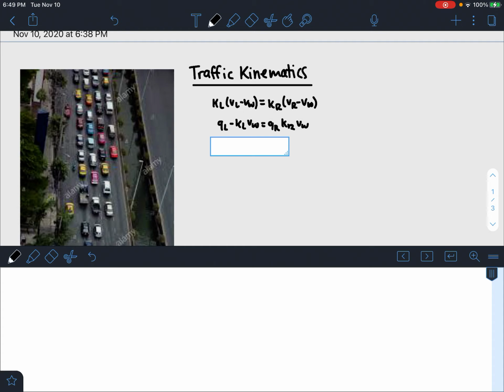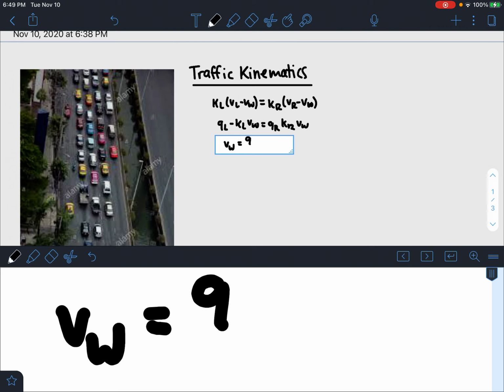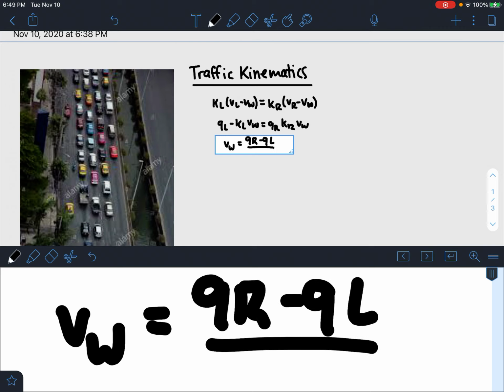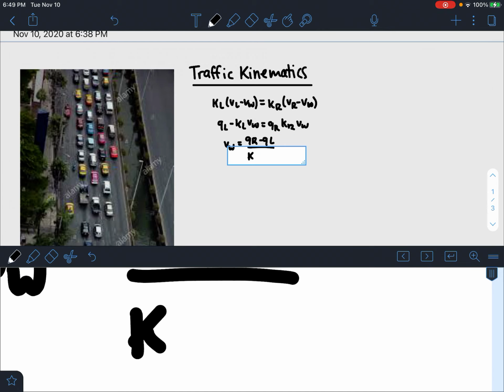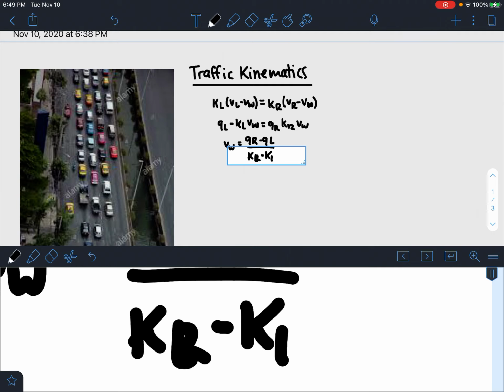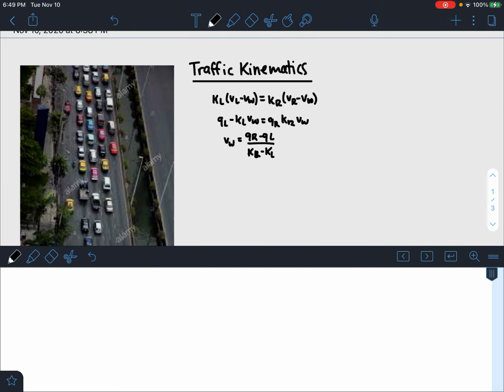This is what your navigation system does, which is very interesting, because it uses this math to determine how things are with traffic.